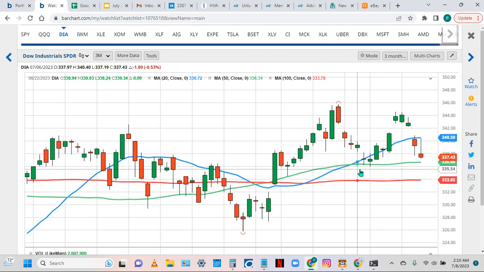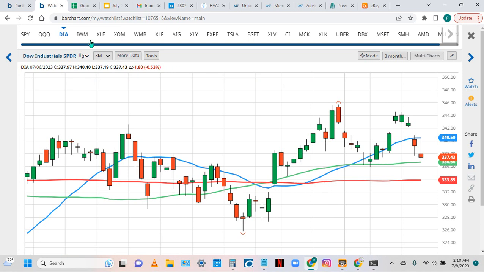Basically gave all these gains in June back. Again, ending the week with Thursday a gap down and Friday a topping tail, another gap down on Friday towards the 50 period moving average. So the diamonds would be relatively weak compared to the other two markets. Hopefully you can see that.